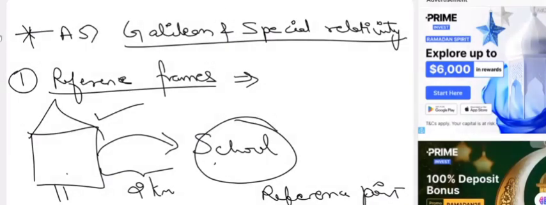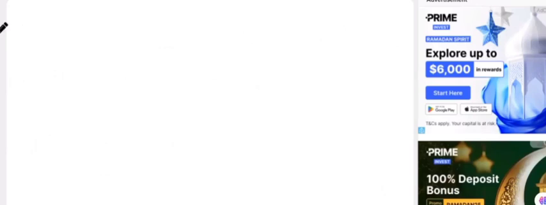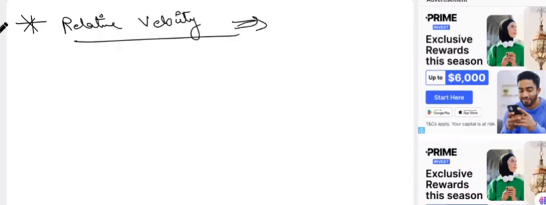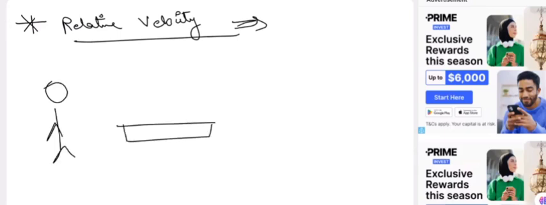Now, depending upon this, we can also compare the velocity of different things. So, what is relative velocity? Suppose here a person is standing, here a car is going, and here a plane is coming towards it.